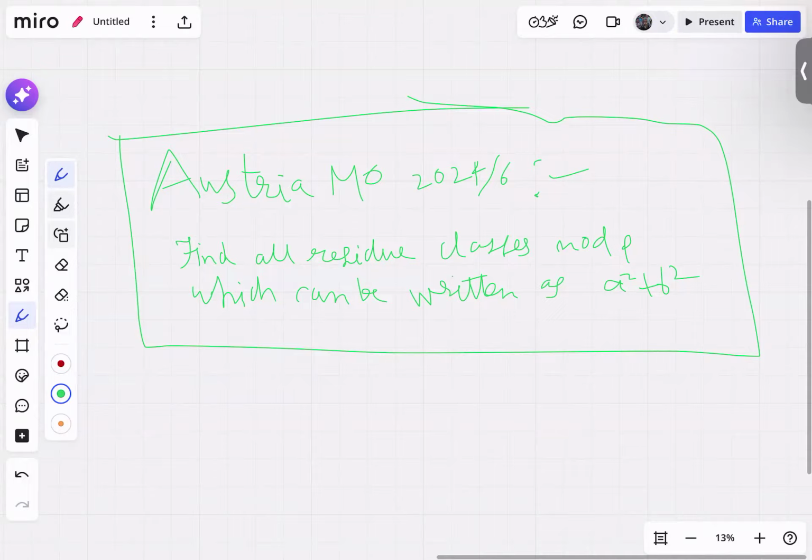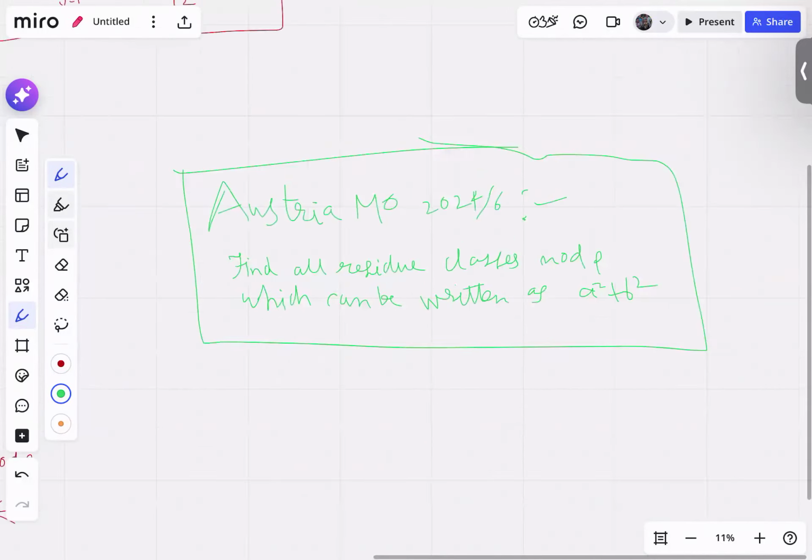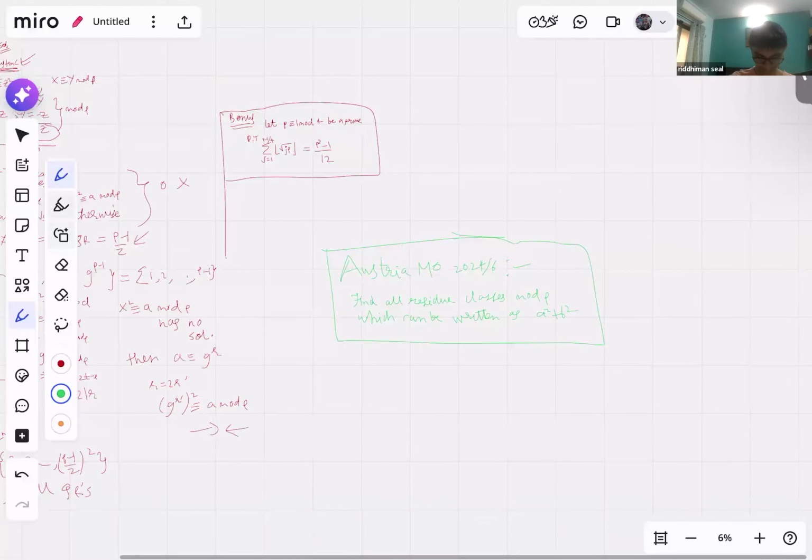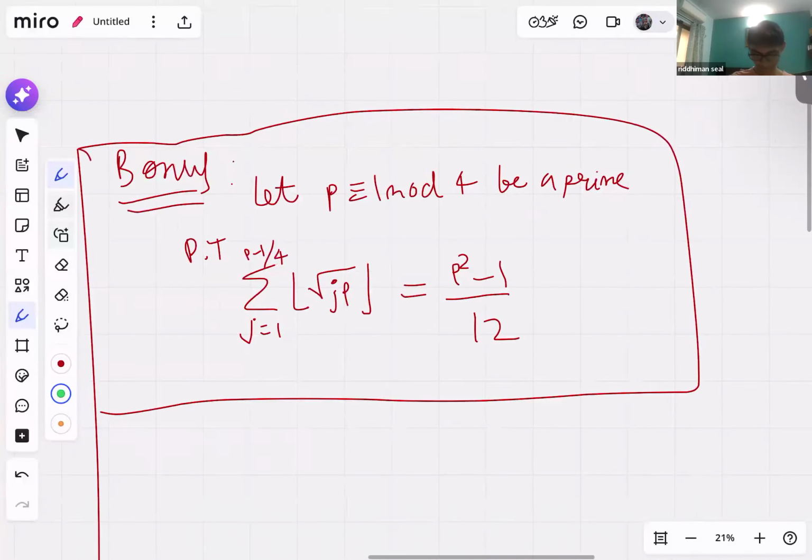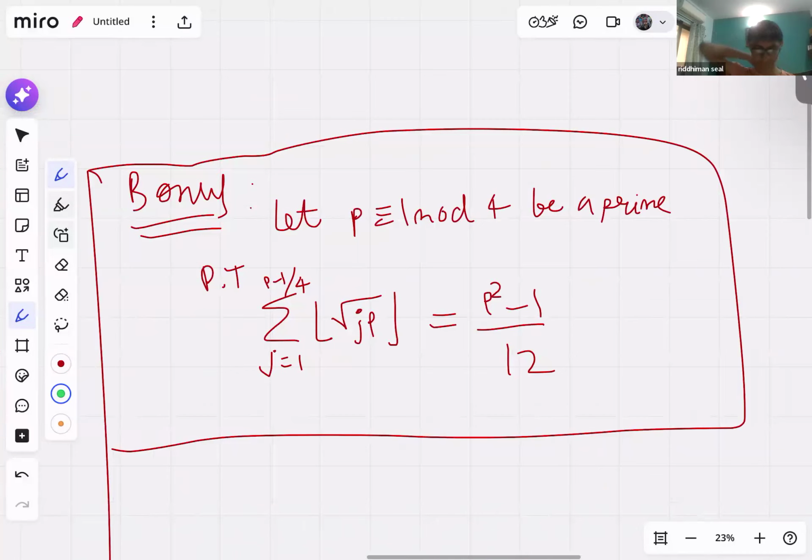I think I'm done with the problem, p squared minus 1 by 12. Can I get another one? Okay. If you want, you can DM me your solution or write it. Sure. Okay, hold on.